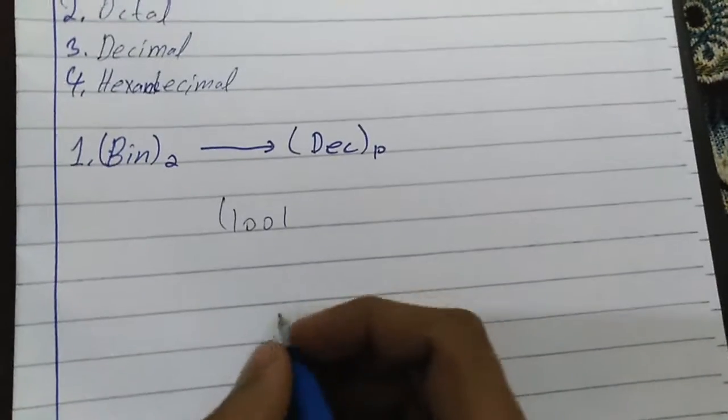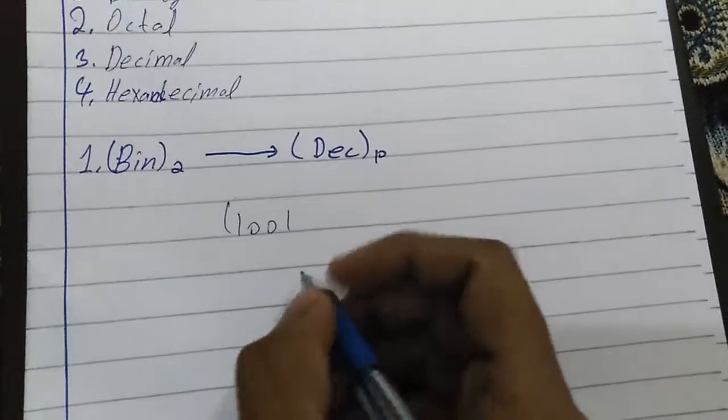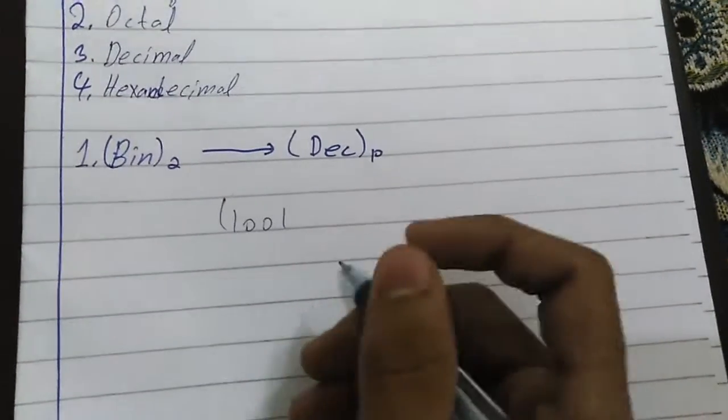And we denote each of these binary digits by 2 power something.